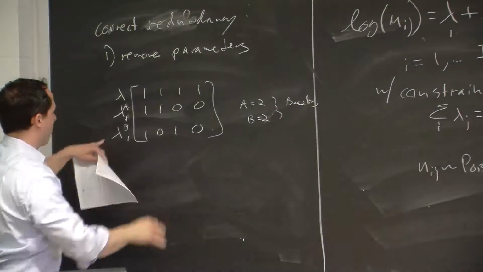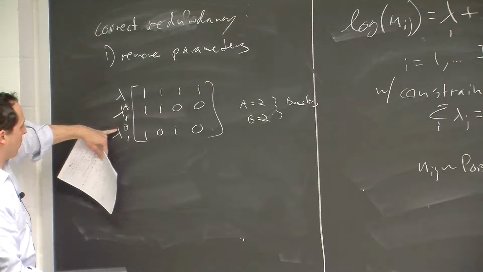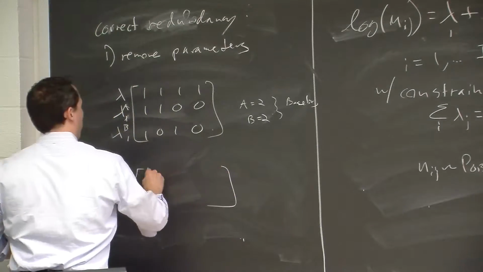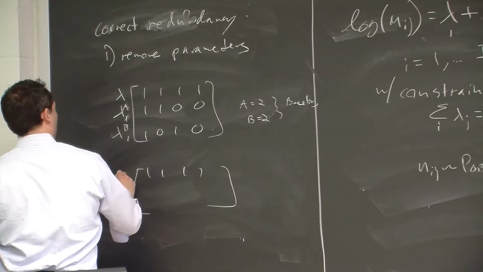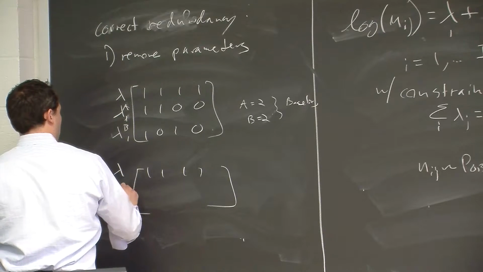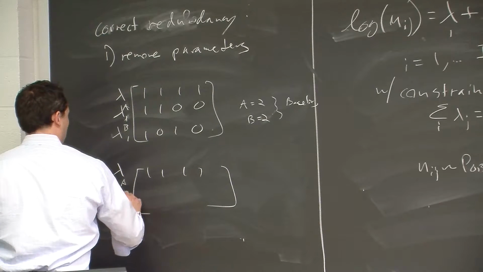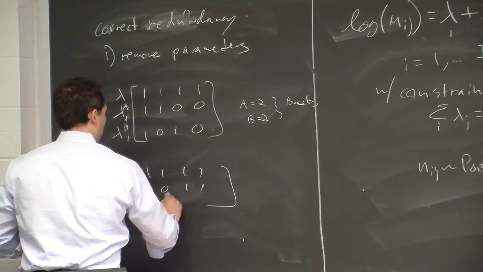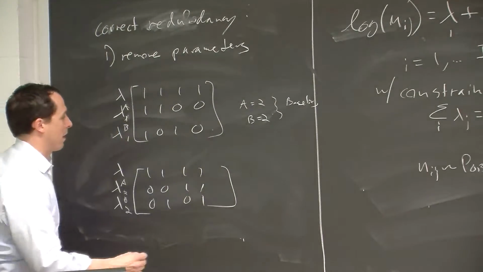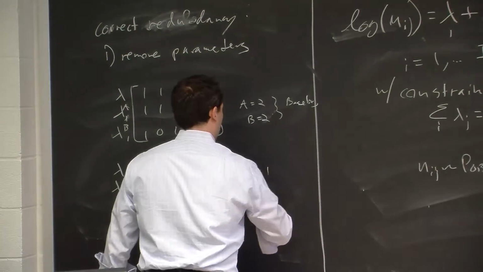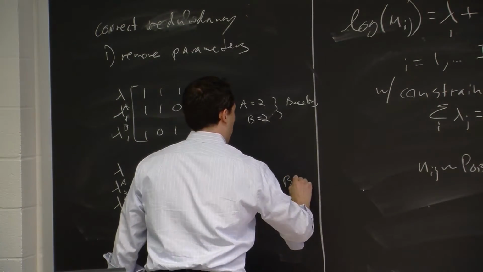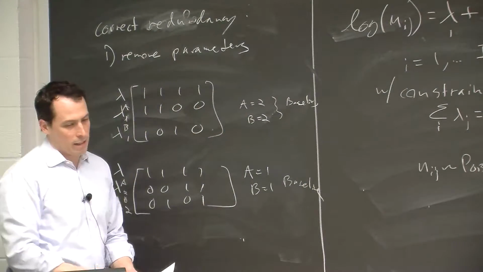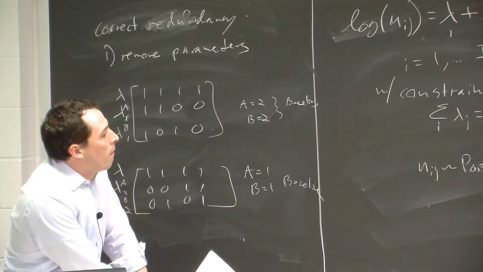Or I could do the other one, where I put in lambda A2 and lambda B2: 1, 1, 1, 1, then 0, 0, 1, 1 and 0, 1, 0, 1. This sets A equals 1 and B equals 1 as the baseline. Or I could do something possibly more exotic, taking some other linear combination.